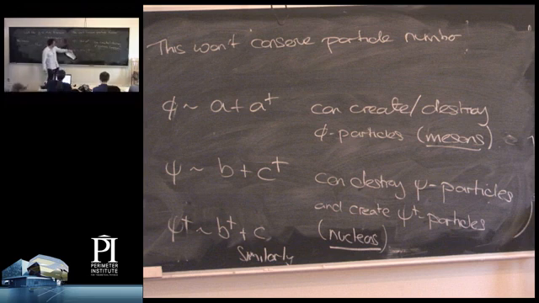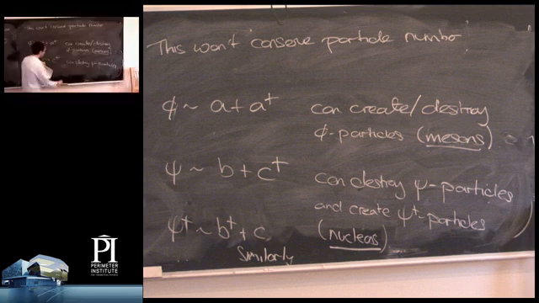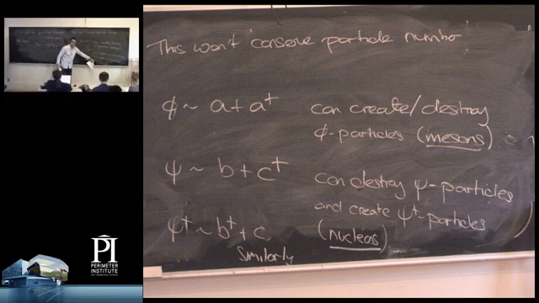When we expand out psi, we have it in terms of B plus C dagger. So this can destroy psi particles, which is what this B does, and create psi dagger particles, which is what C dagger does. And I'm going to call these guys, again just for the purposes of this lecture, nucleons. And psi dagger obviously does the opposite.